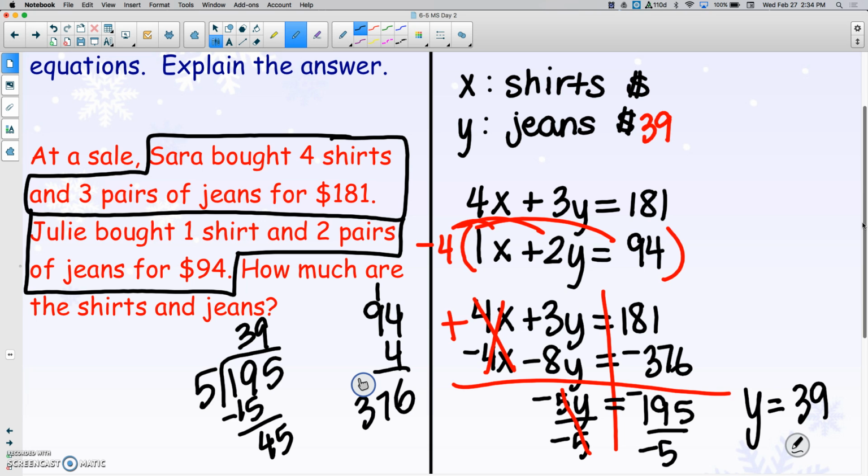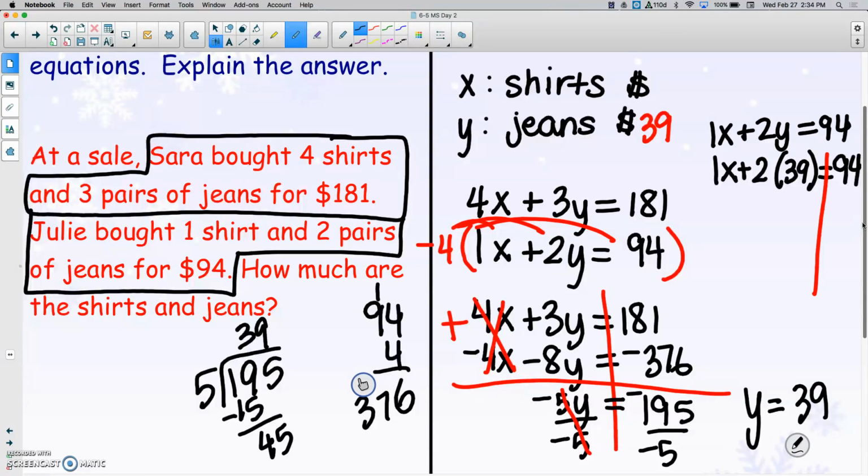Now, if I go back to one of my original equations, I choose the bottom one this time. So I can substitute $39 for y for the jeans. So I'm using 1x plus 2y equals 94, and replacing y with 39. So 2 times 39 is 78.